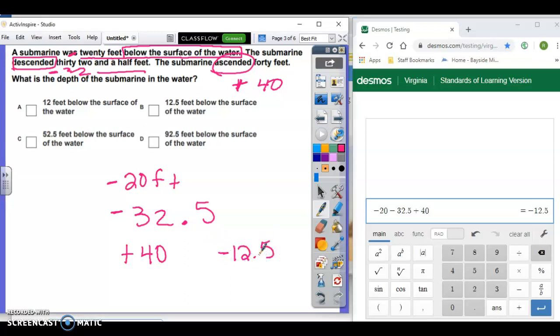I know negative means below the surface. So when I read these, I know that 92.5 makes no sense, 52.5 makes no sense. This is 12 feet below the surface, but I needed to say 12.5, so this is incorrect. 12.5 feet below the surface of the water. The answer is B.